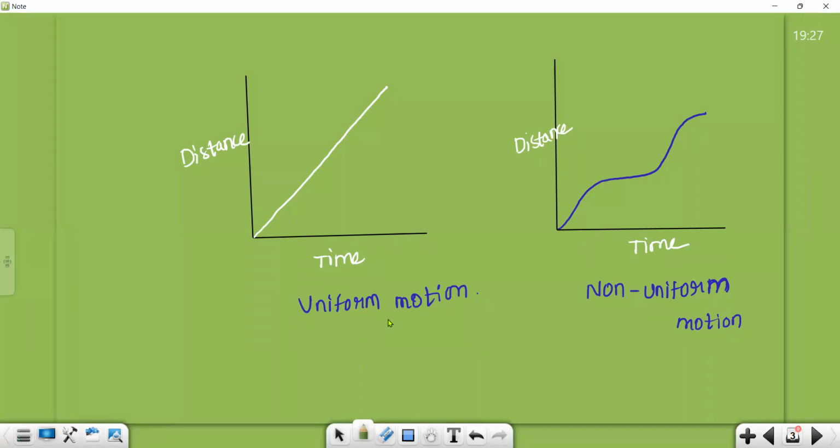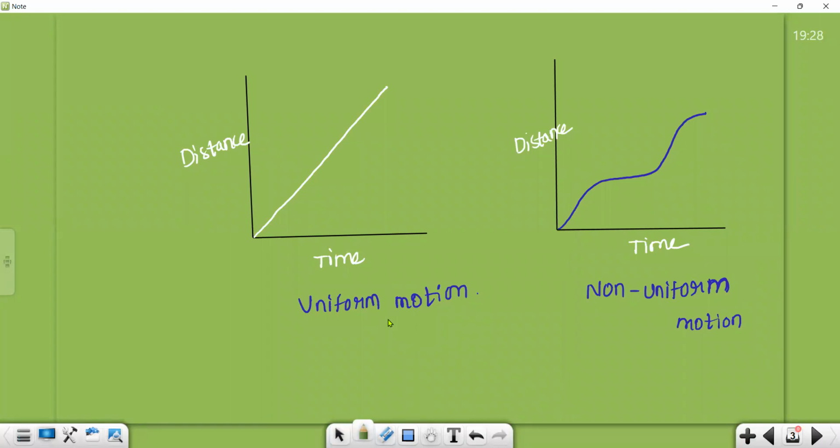Ma'am, but if we take uniform circular, uniform is only a straight line and you added circular to it. Uniform is moving in a straight line, but if we add circular also, it would be in a straight line, right?